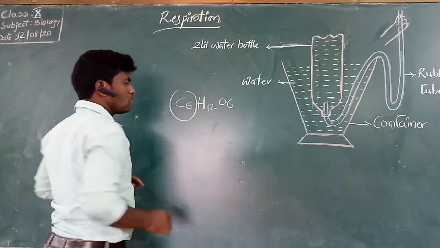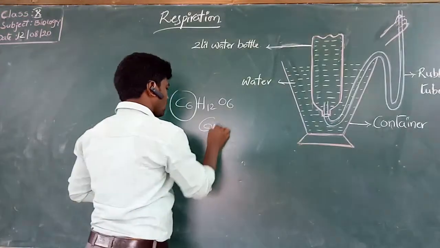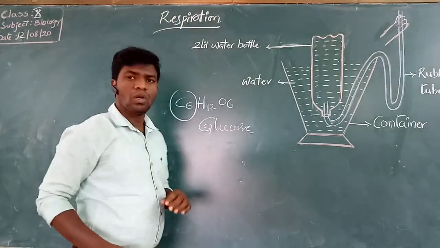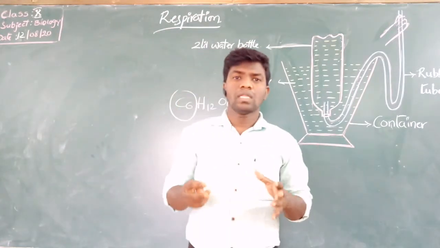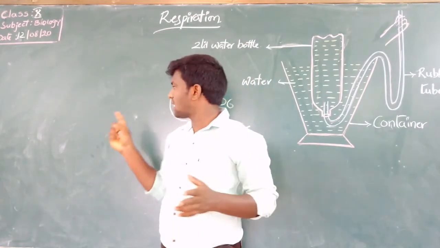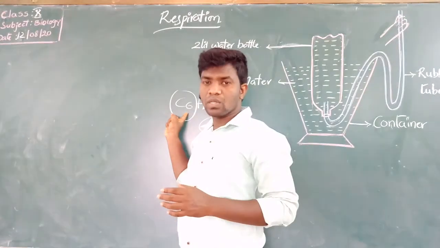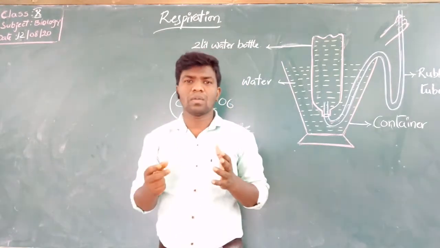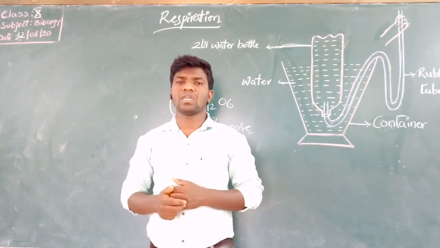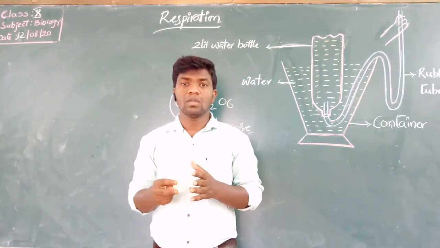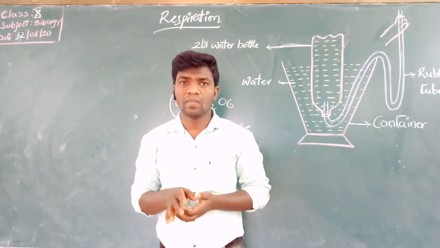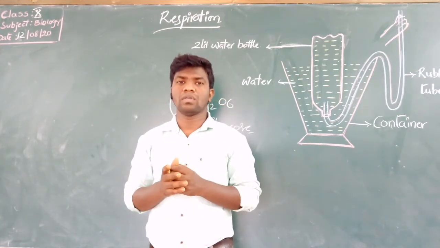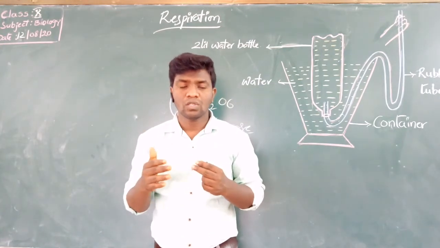In the first stage of oxidation, glucose has 6 carbon atoms. Do you understand? Please follow.